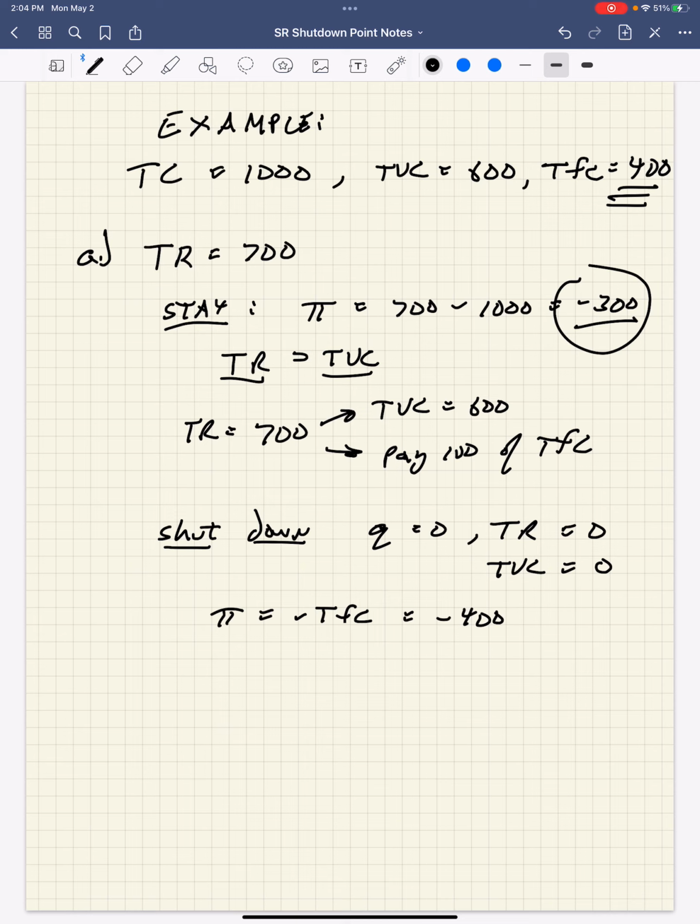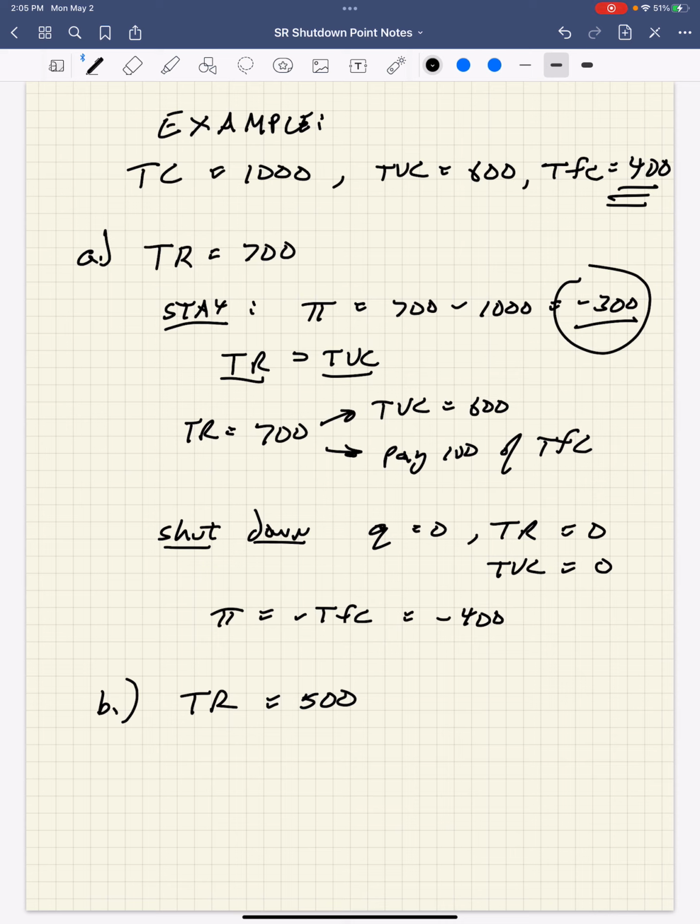Now what we'll see is if we start from the same information, now this is kind of even worse scenario, option B, what if this firm's revenue drops to 500, but all of the costs stay the same?